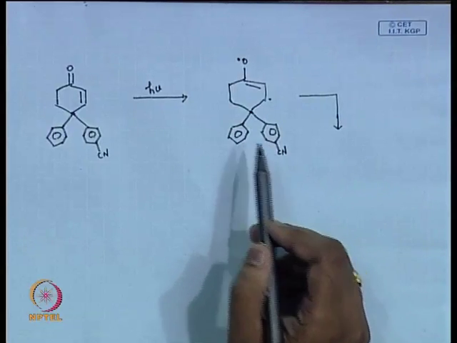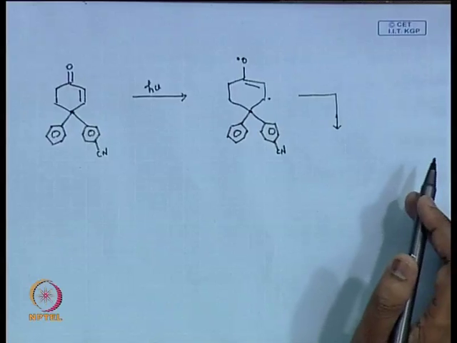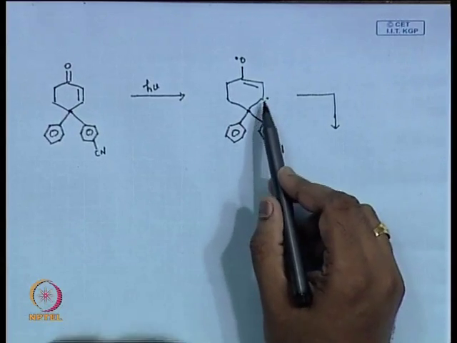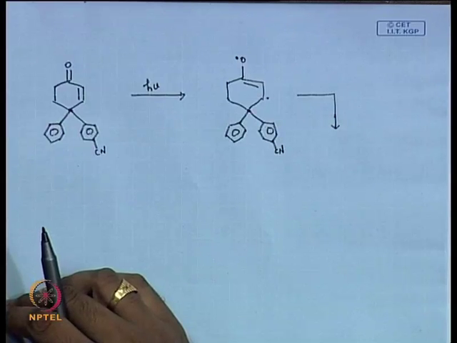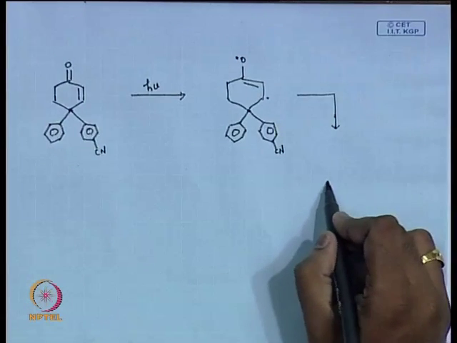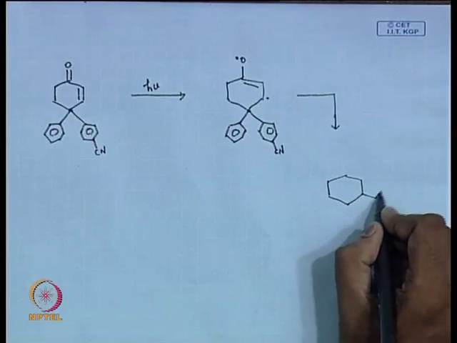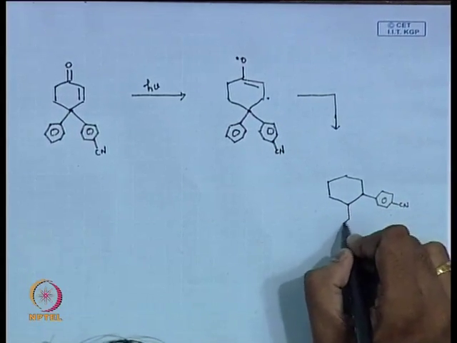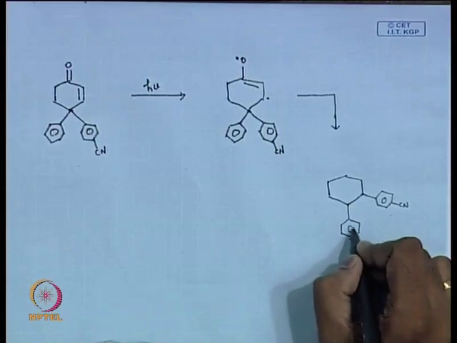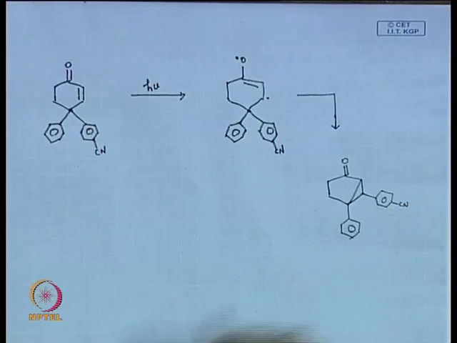So which radical will be better stabilized, or which has a tendency to move towards this? I think it is the other way around. So you get this as your product.